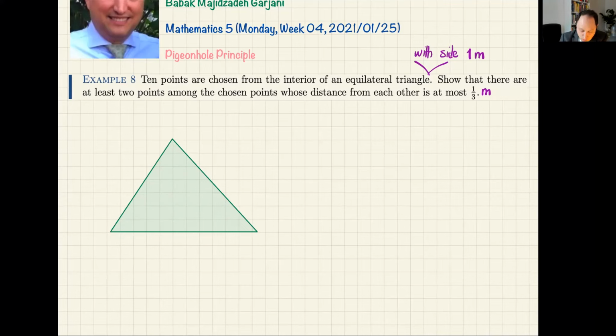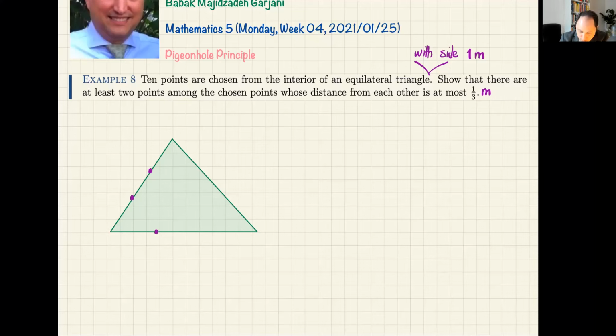So let me just make it more clear. What Carl is saying is that we divide each length into thirds. This is actually somehow helping us, because the side was 1, and then we want to talk about 1/3. So maybe the most natural thing that comes to mind is to divide each side.